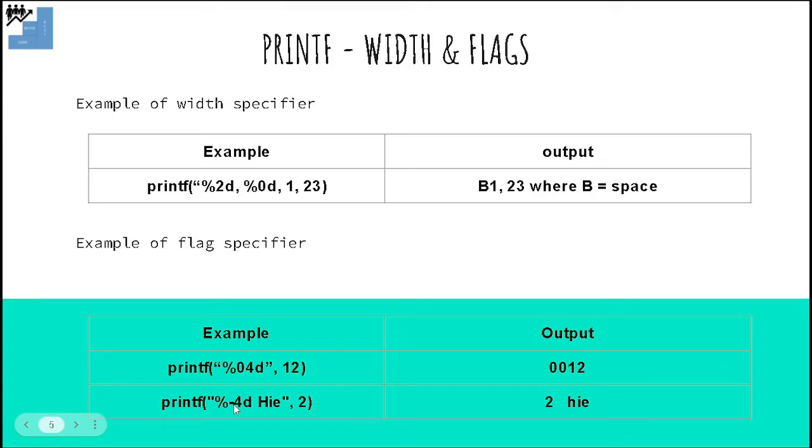Similarly, the minus sign indicates that the space would be not prefixed but suffixed. So it would be like 2 and then suffix of 3 spaces, then this is string hi. I hope printf function is clear. These flags with precision and type are very exhaustively asked in competitive coding examination of companies.